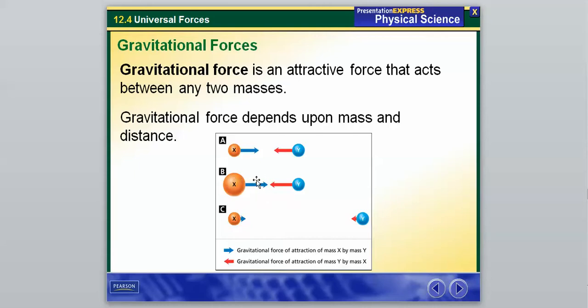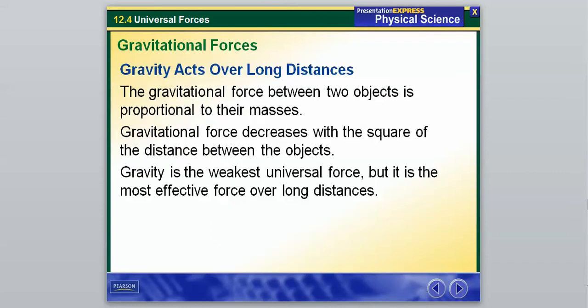Because the mass is bigger here, there's a stronger attractive force over the same distance. So if you have a bigger mass, you're going to have more gravitational pull. And now we have the two smaller masses much farther away, and they have a very weak gravitational force between the two of them. So mass and distance are what determine how strong the gravitational force is.